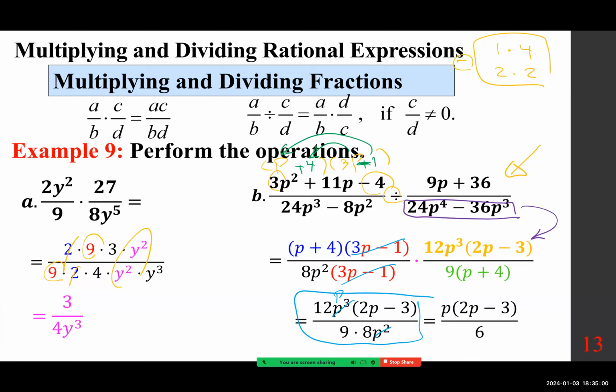We get p, 12 and 9 can cancel each other. We get 4, and this is 3. And then 8 and 4 can cancel each other. They give us 2, and we get this one as the answer.